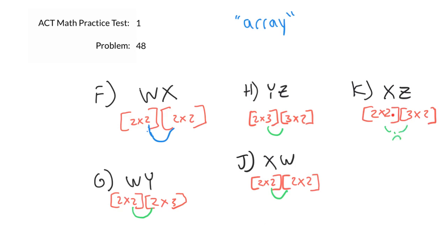The two columns in matrix X do not match the 3 rows in matrix Z, so therefore that product would be, quote, undefined. So that is the answer, because they want to know which one of these products would be undefined. So that is the least you need to know for that one.